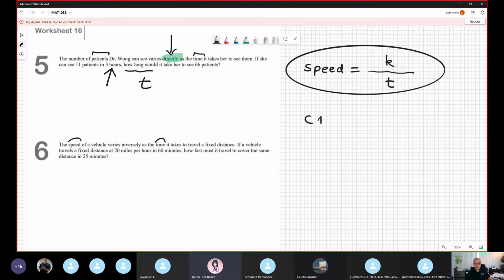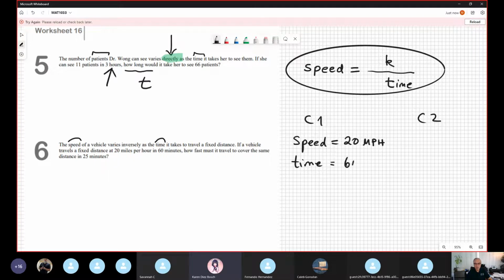Remember, condition 1, condition 2. And the condition 1, if the vehicle travels a fixed distance at 20 miles per hour, the speed for condition 1 is 20 miles per hour. And the time, let me call time, why not? Time, not T. Either way, you define your own name for the variable in the word problem.